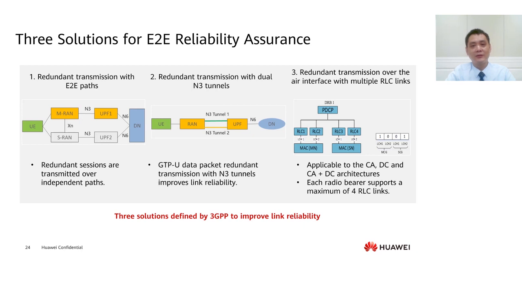Solution 1 designs redundancy for end-to-end paths between devices. Solution 2 designs redundancy for N3 tunnels between the RAN side and the core network. Solution 3 designs redundancy for RLC links over the air interface on the RAN side. With these solutions, end-to-end reliability can be improved through transmission redundancy at different levels.